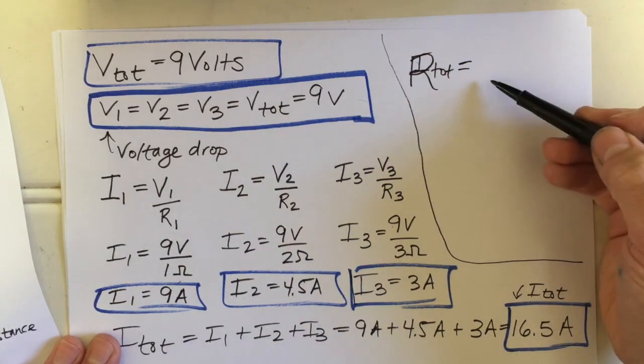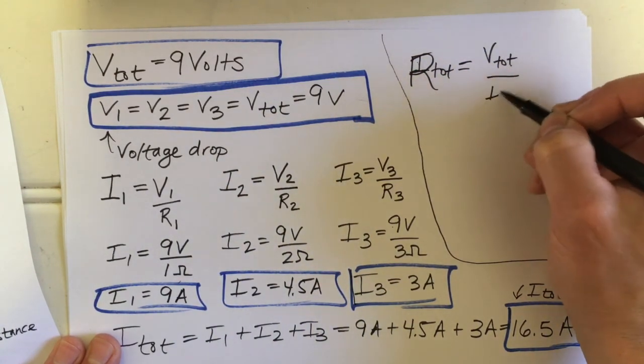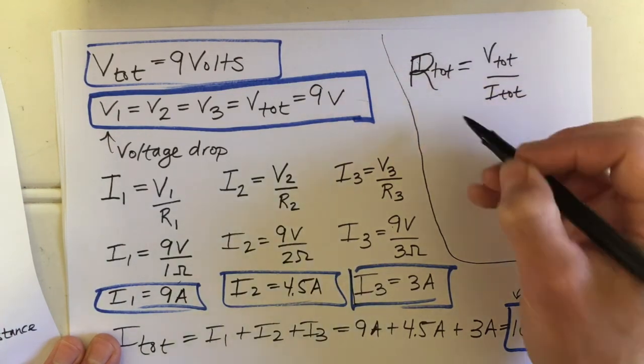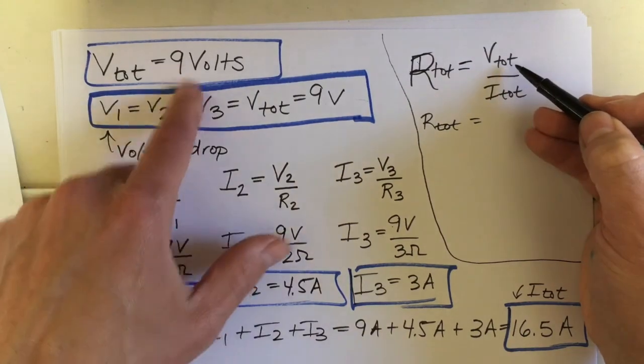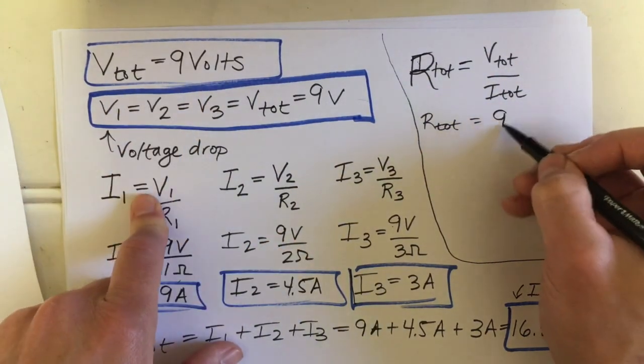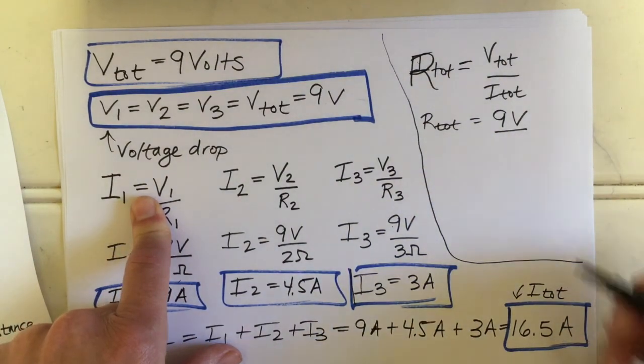Well, V equals IR, so R equals V over I. So R total is equal to total voltage, which is 9, divided by total current, which is 16.5.